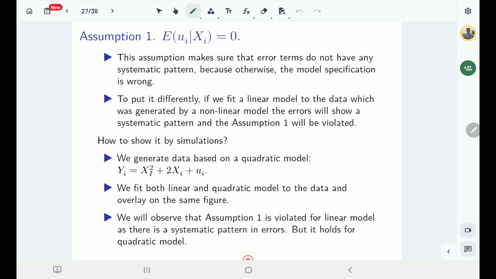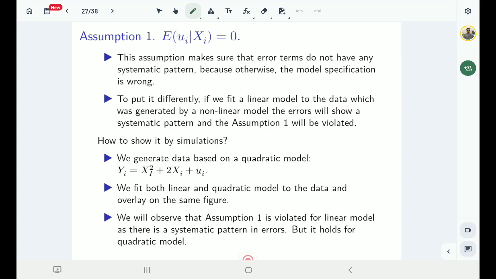Okay, anyway. Now let's talk about assumption 1. This assumption makes sure that there is no systematic pattern in errors. Suppose you have a systematic pattern in errors: as x increases, the errors also get larger. That means that your model is actually not correct, isn't it?